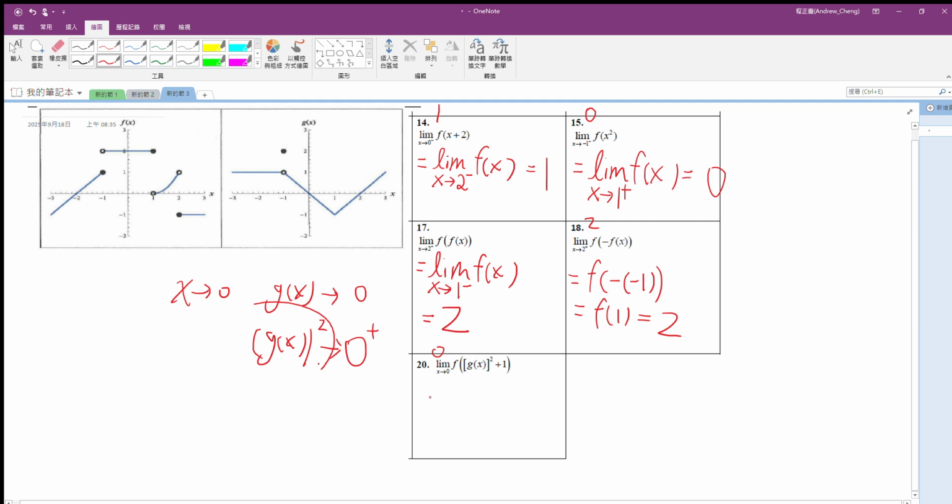So you can write equals, and then plus 1. So that's x approaching 0 from the positive side, 0 plus 1.